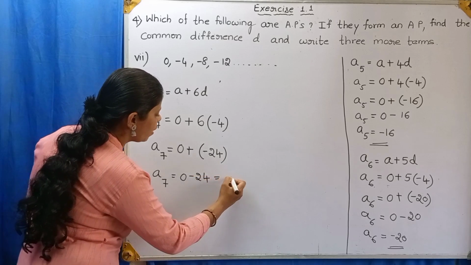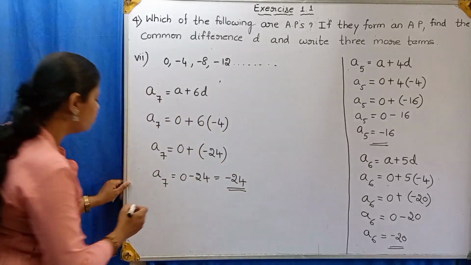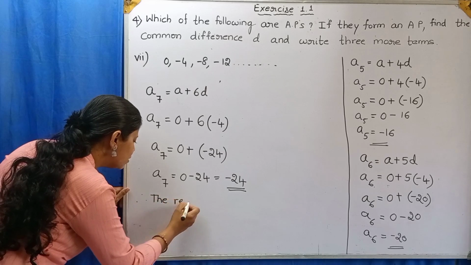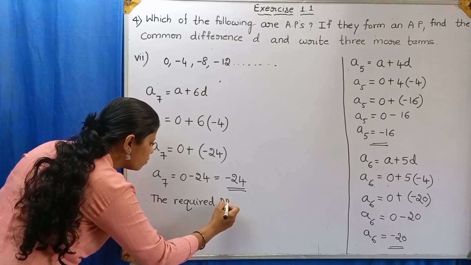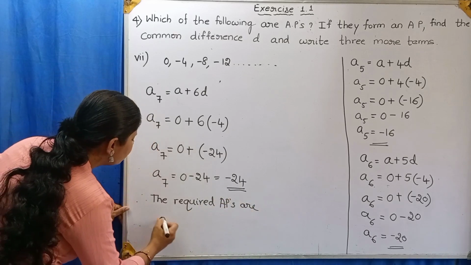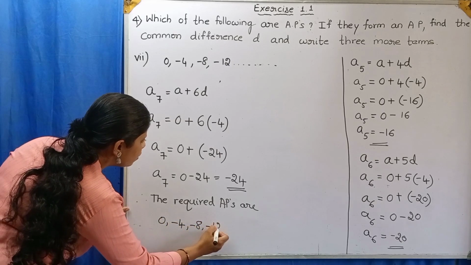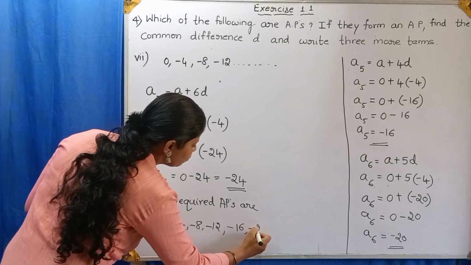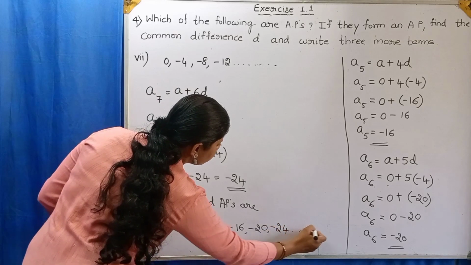Therefore, the answer is minus 24. Therefore, the required AP is 0, minus 4, minus 8, minus 12, minus 16, minus 20, minus 24 and so on.